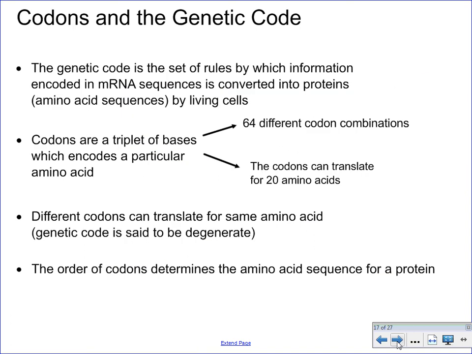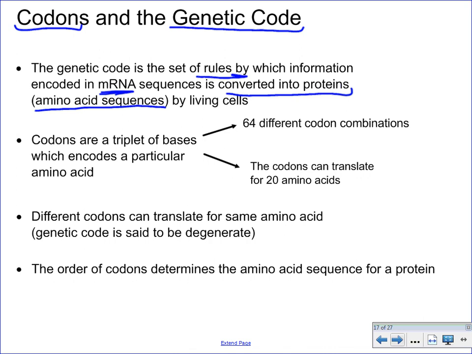The way that mRNA translates into a protein code is through the use of what's referred to as codons. Those codons are what make up the genetic code. The genetic code is basically a set of rules by which information encoded in the mRNA sequence is converted into proteins. Essentially, when we say converted into proteins, we mean the amino acid sequence of that protein.